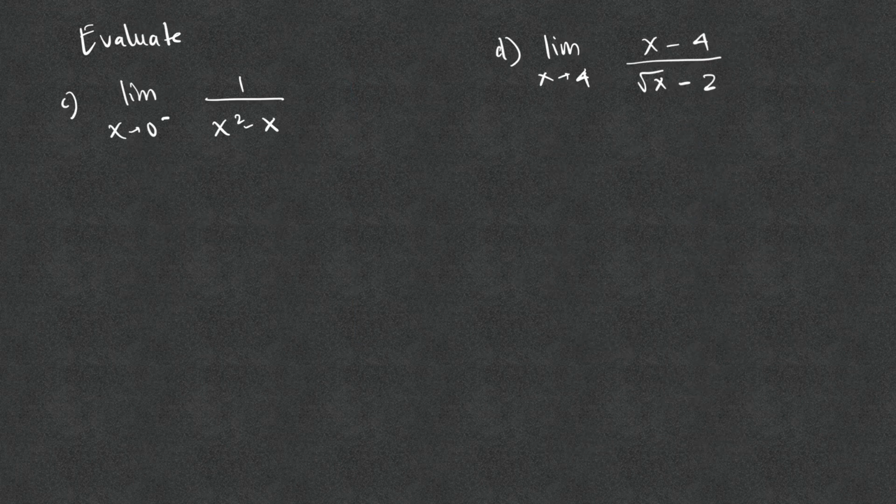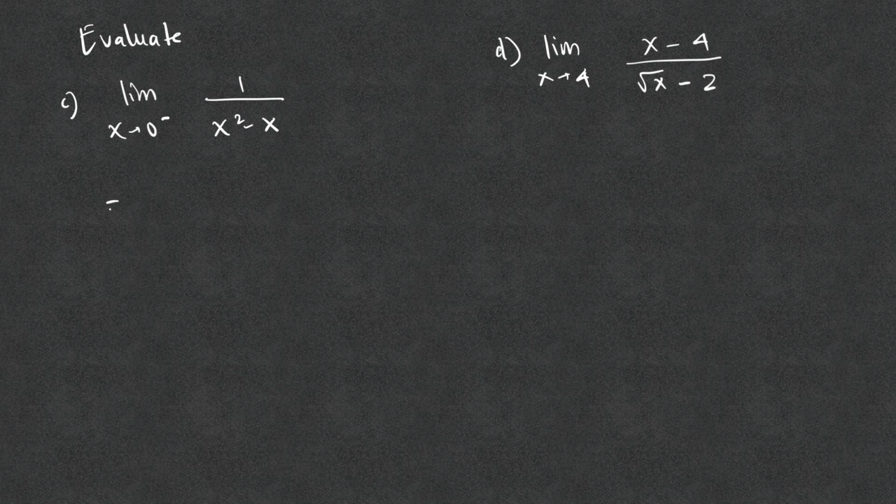Part C. The limit as x goes to 0 from the left-hand side of 1 over x squared minus x. If we plug in 0, then we will get 0 minus 0 in the denominator, which for now is indeterminate. And so a clever trick in this case is to factor out x in the denominator.